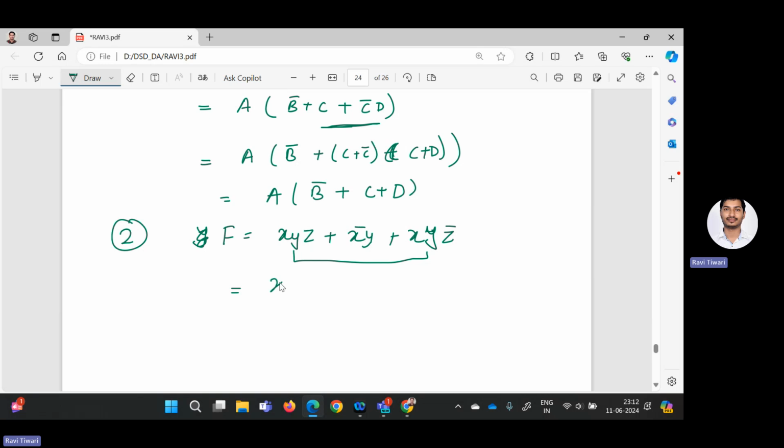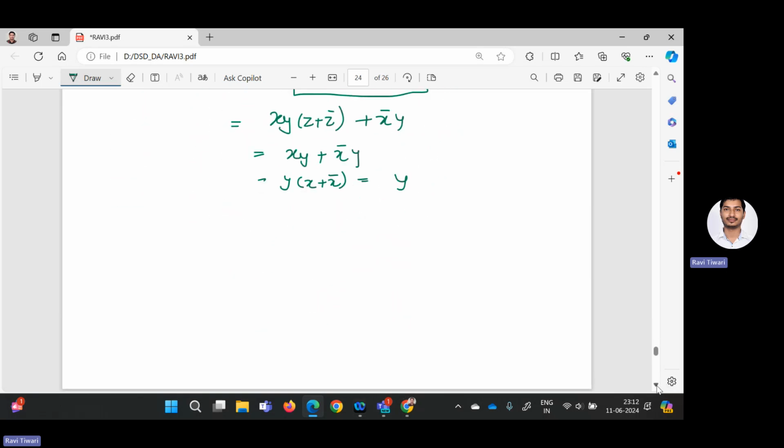We can take x y common, that is z plus z bar, plus x bar y. Z plus z bar is equal to 1. So you can write x y plus x bar y. Now you take y common, and that will be x plus x bar. This x plus x bar is equal to 1. So the final answer will be y. Correct? Now we will see another question related to it.